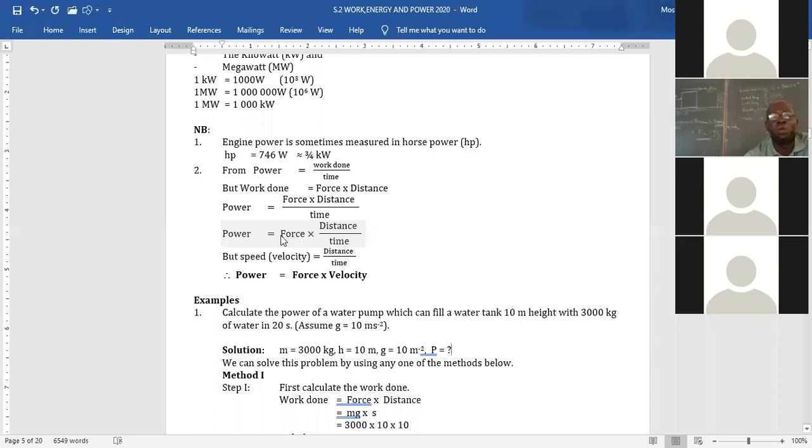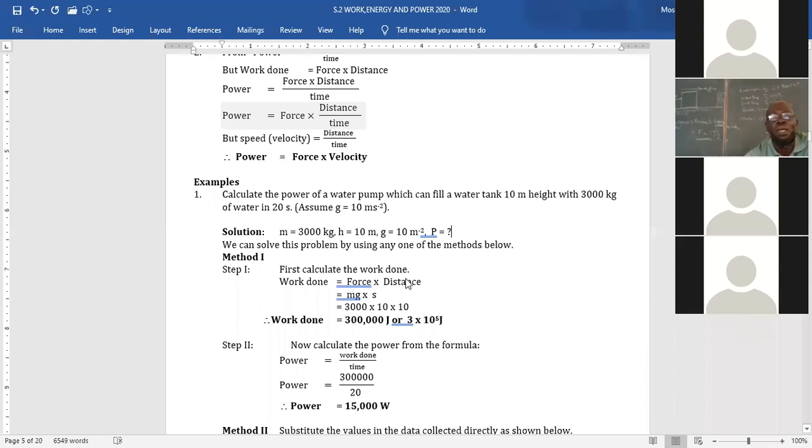How are we going to find our force? Please read, everything is there. Work is a product of force and distance. But the force in this case represents what?